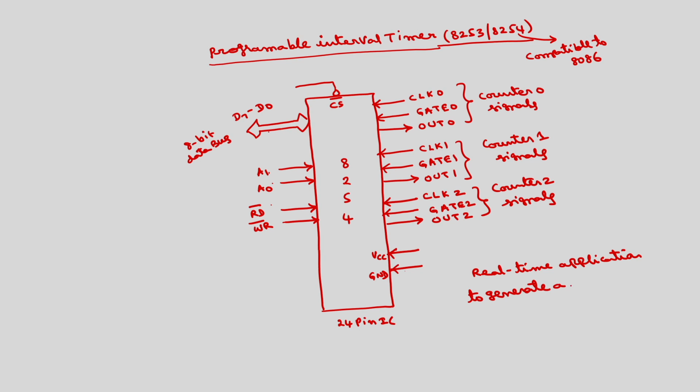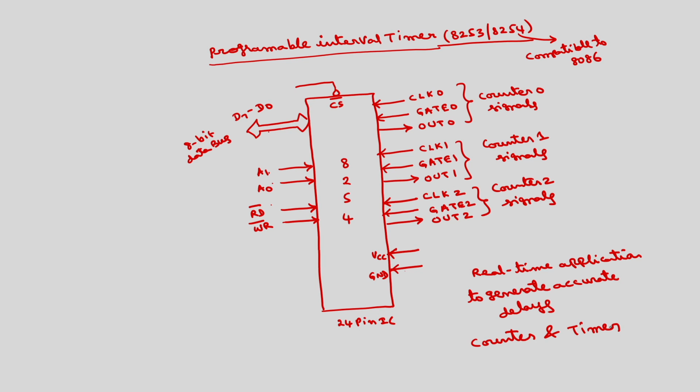To generate the accurate delays, we have to use 8254. Okay. In addition, this also will act as counters. So, this 8254 will act as a counter as well as a timer. We have both the applications.